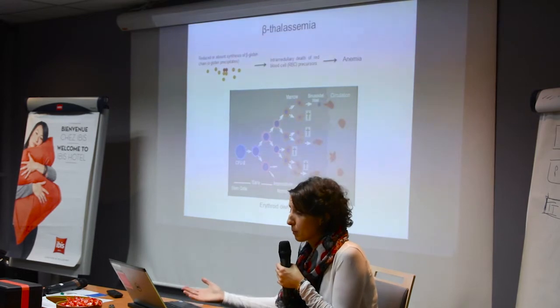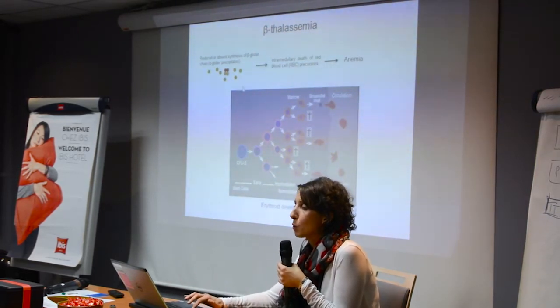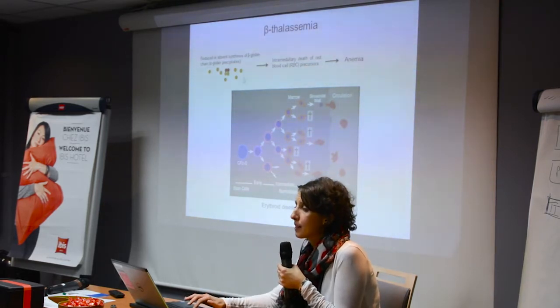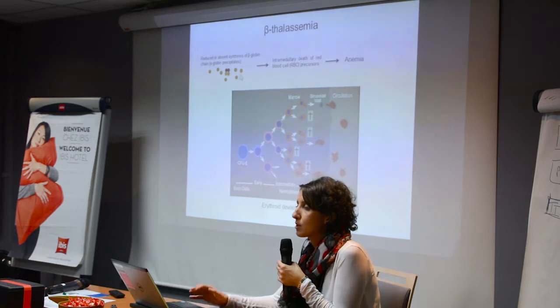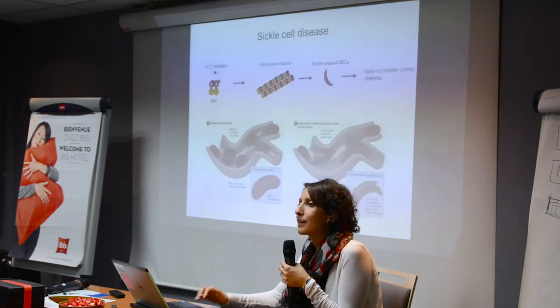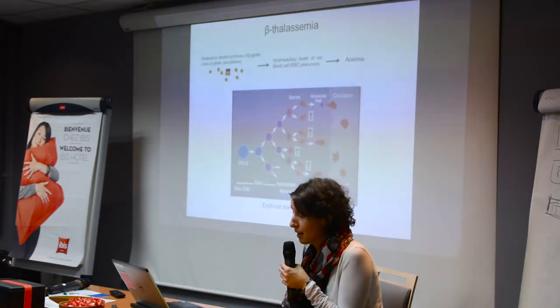To explain a little better: in beta thalassemia, we have a reduced or absent synthesis of beta globin, and the alpha globin which is not incorporated into the hemoglobin tetramer damages our red blood cells.